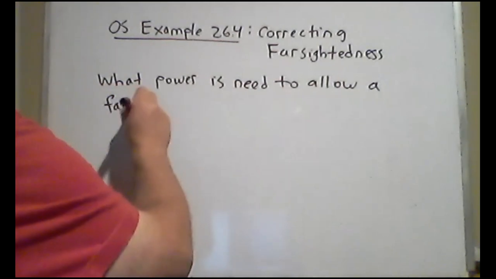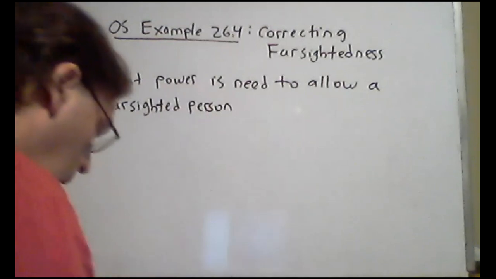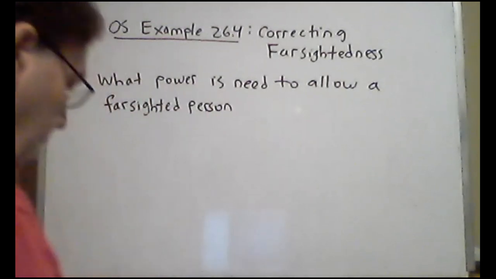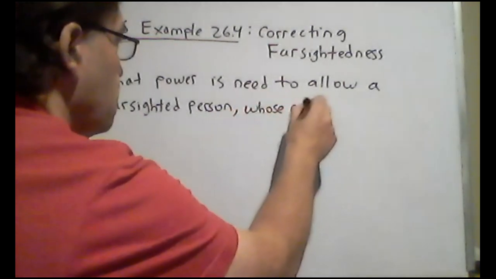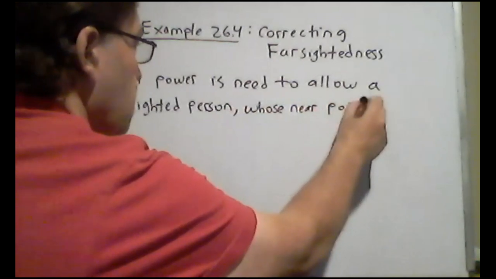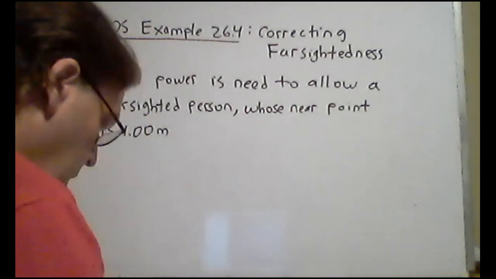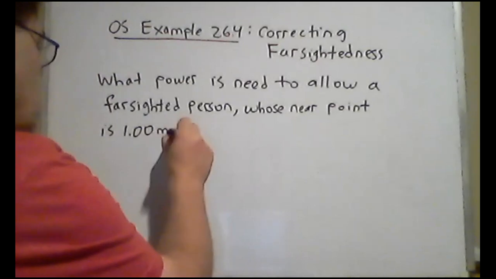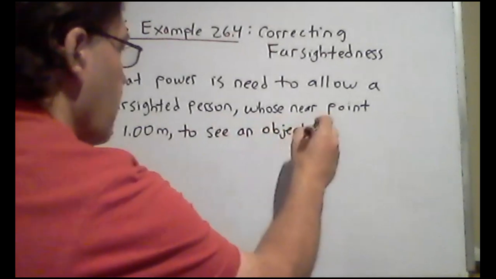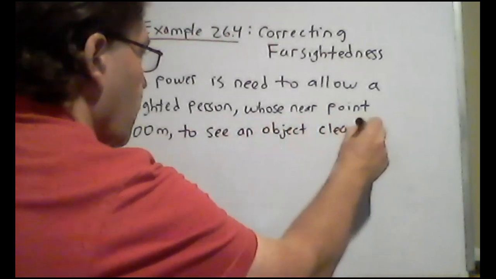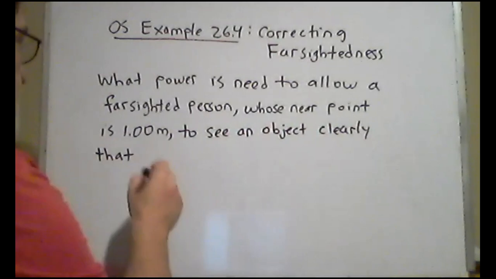whose near point is 1.00 meter to see an object clearly that is 25.0 centimeters away. And that's the near point that we're shooting for.